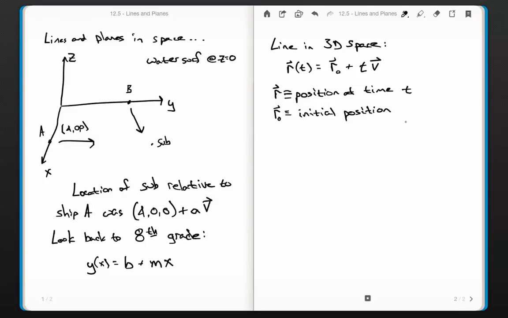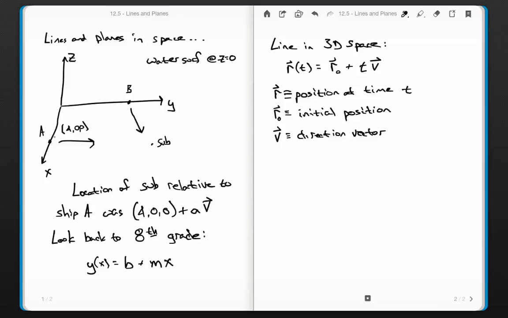And then v is the direction vector that we're going to kind of scale.